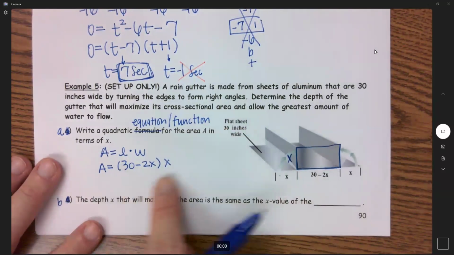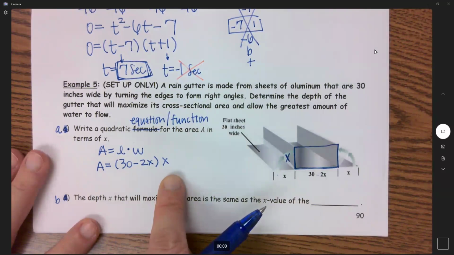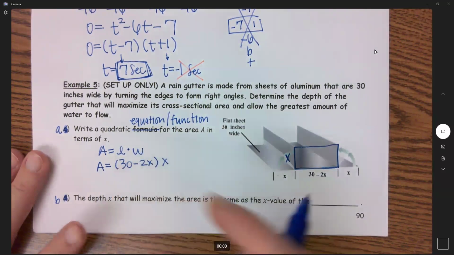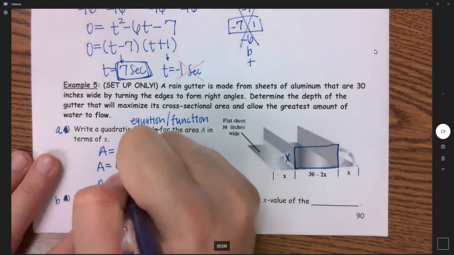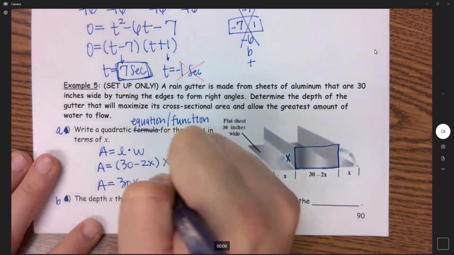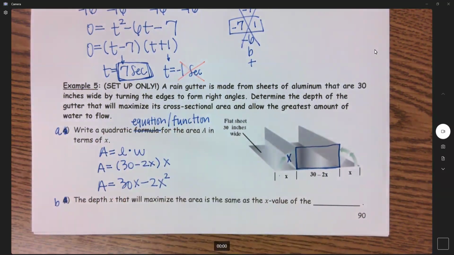So you could probably leave your equation or your function just like this, but it's also not that bad to just distribute in that x. So I would say your area is 30x minus 2x squared.